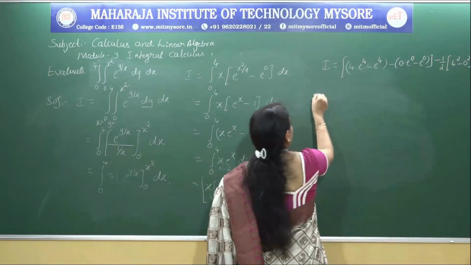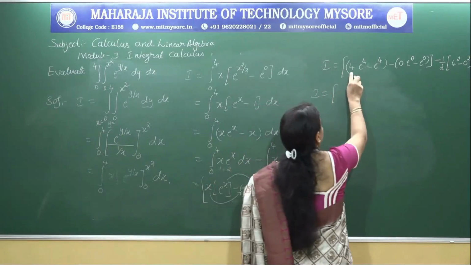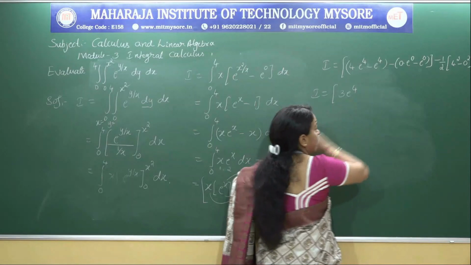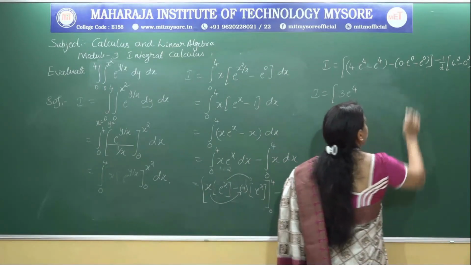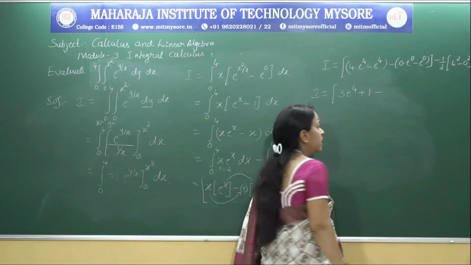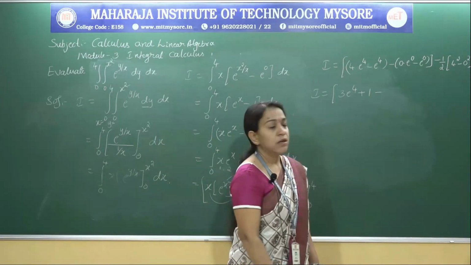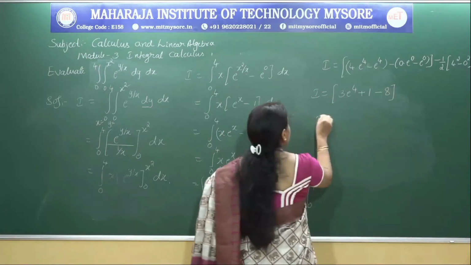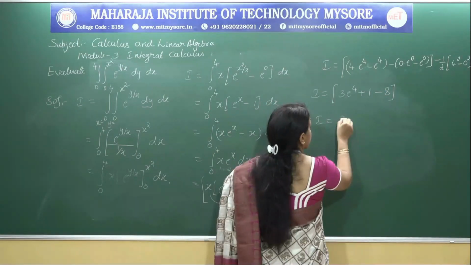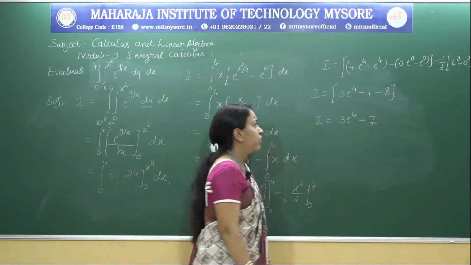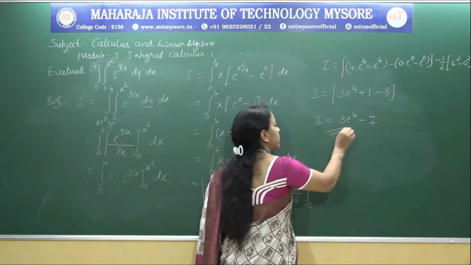So I reduces to 4 times e power 4 minus e power 4 is 3 times e power 4, 0 minus of minus plus e power 0 is 1, so plus 1, minus 4 square is 16, 16 by 2 is 8. So the evaluated result of the given problem is 3 times e power 4 minus 7, which is our answer.